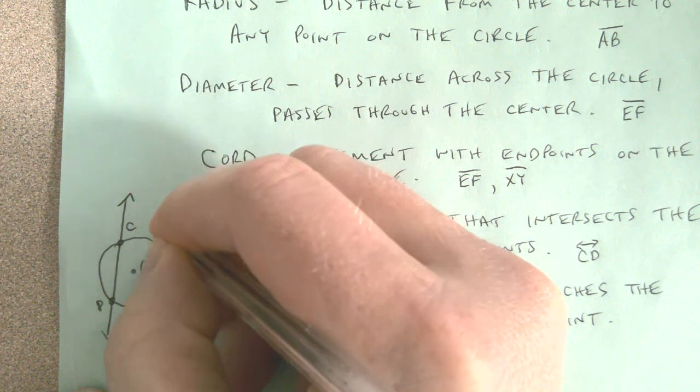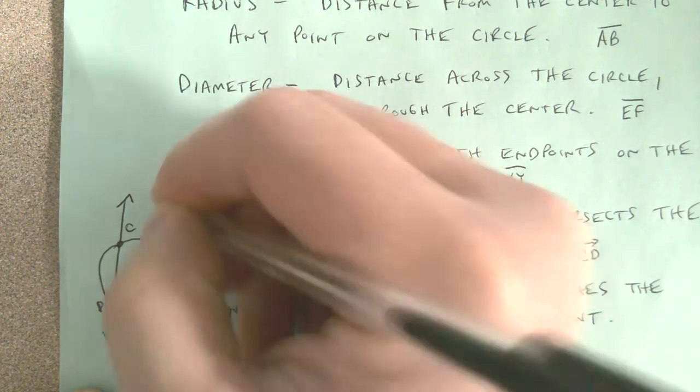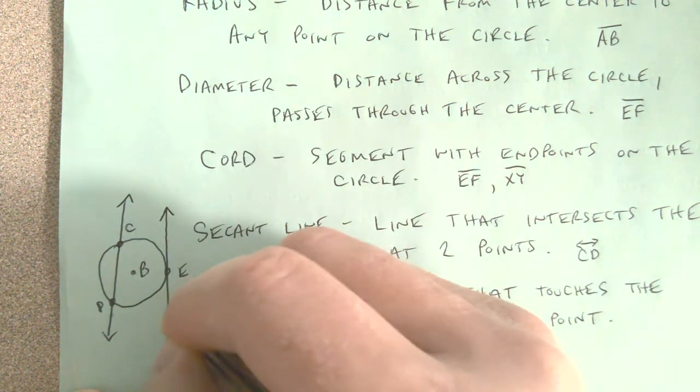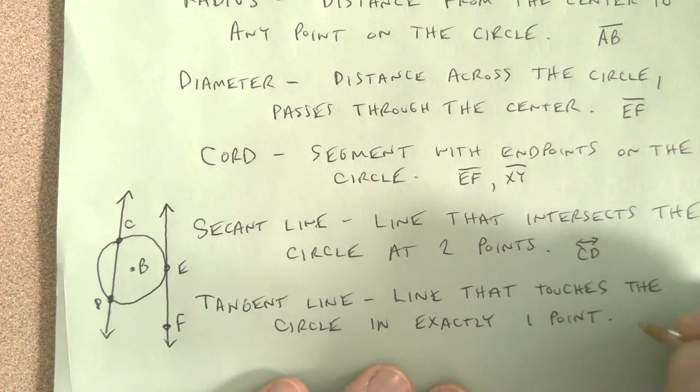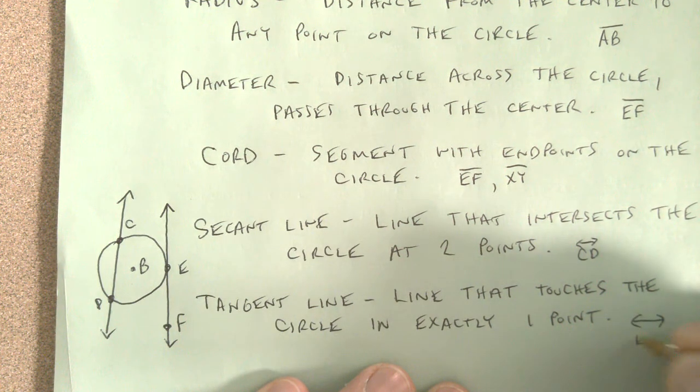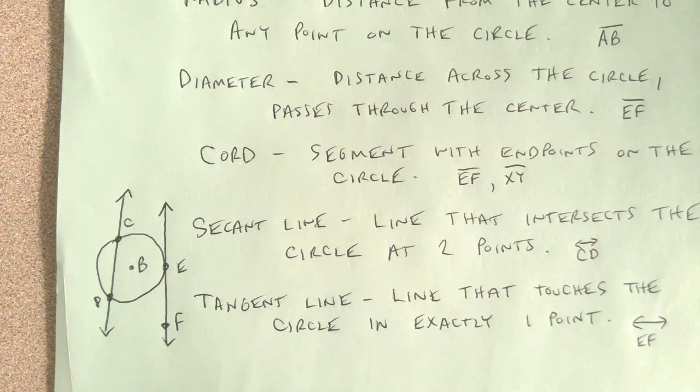So if I were to draw that into my picture, we could say in this picture line EF is a tangent line.